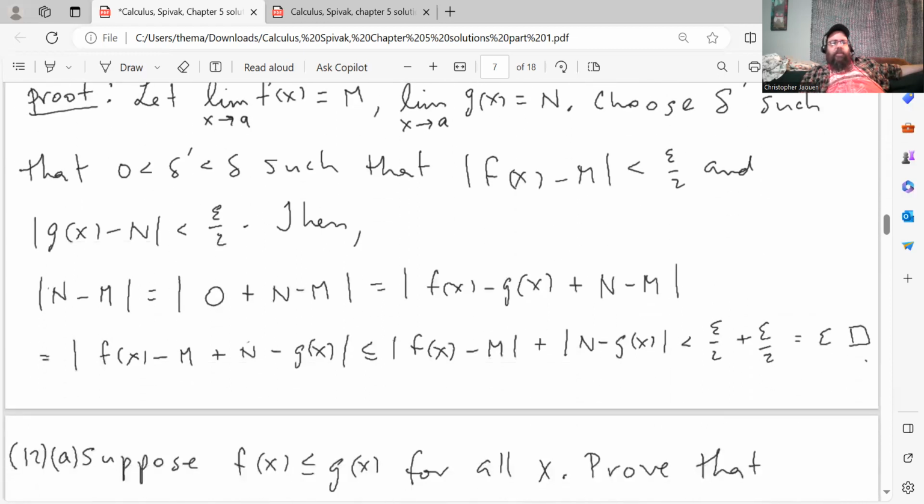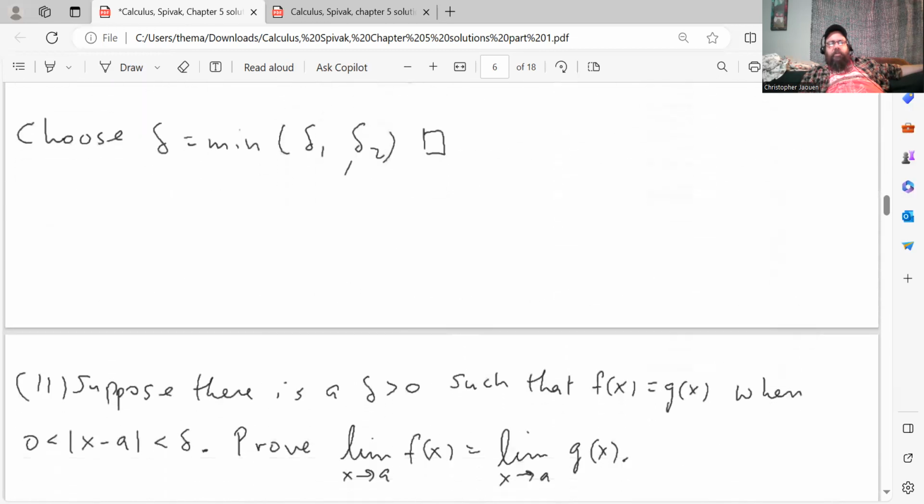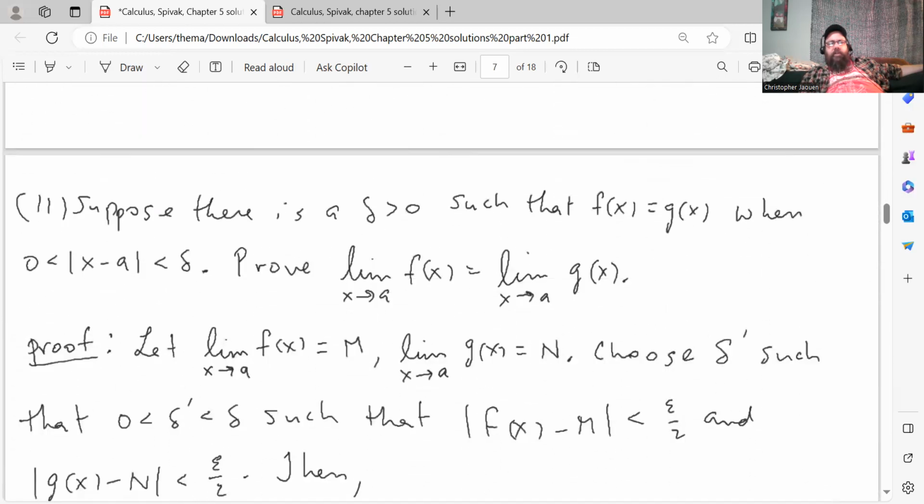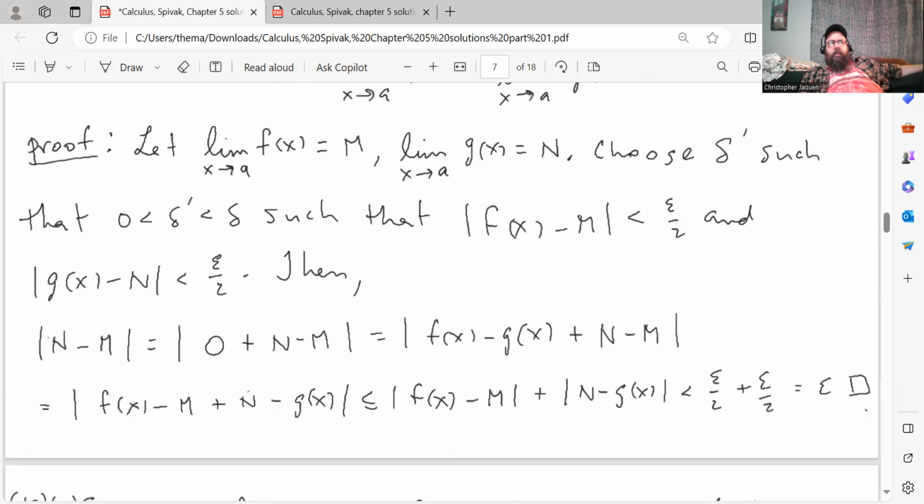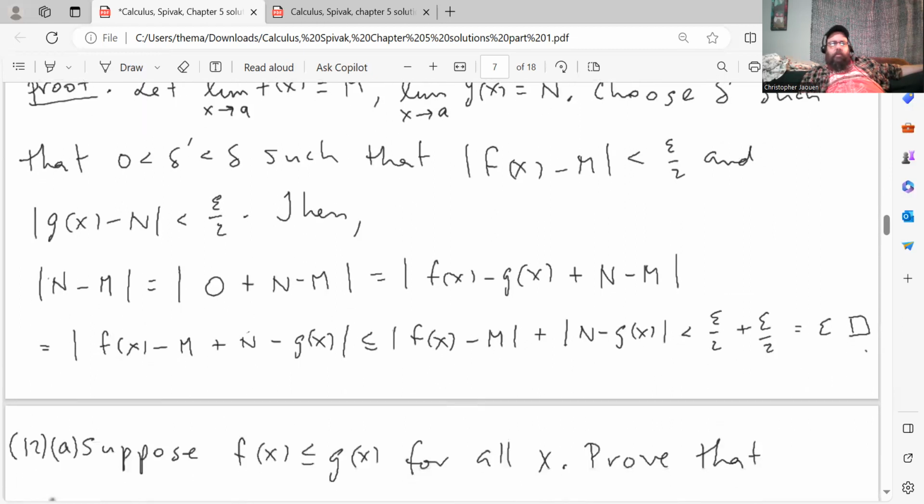So then we consider the absolute value of n minus m. That's equal to 0 plus n minus m. If you add 0, it doesn't change anything. And I can write 0 as f of x minus g of x, since these two things are equal in this neighborhood. If I just rearrange things, that's equal to f of x minus m plus n minus g of x.